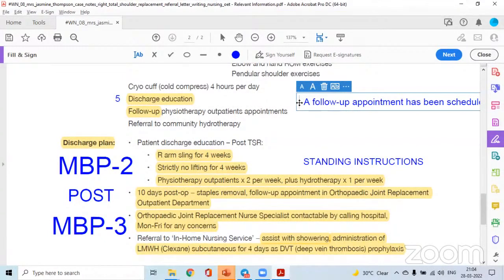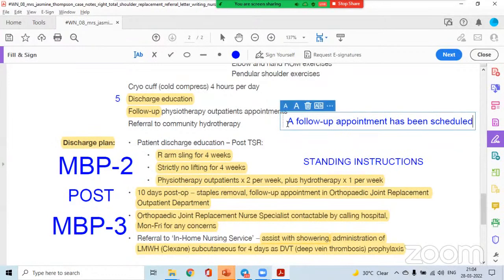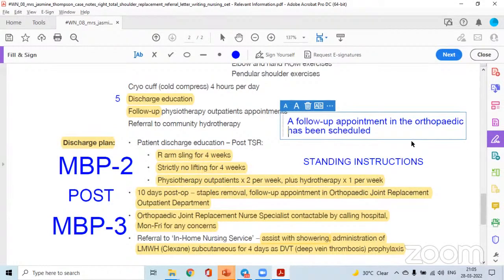A follow-up appointment where? In the orthopedic joint replacement outpatient department.